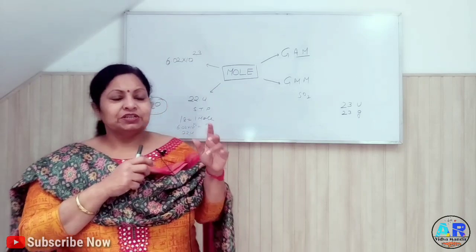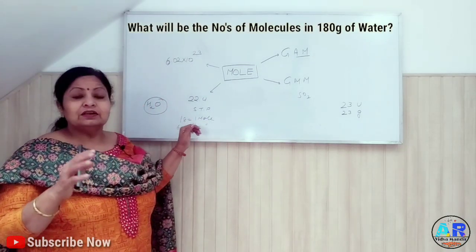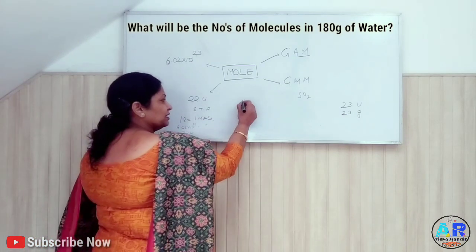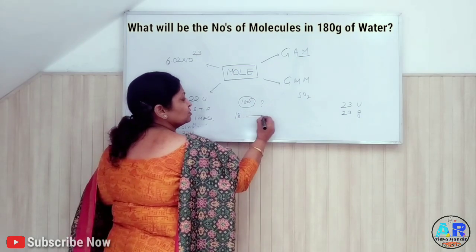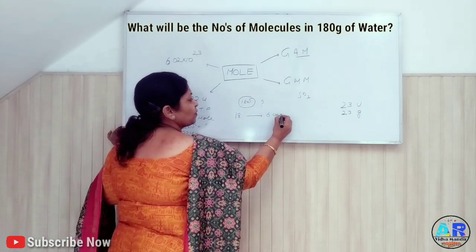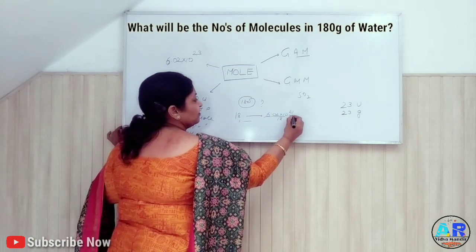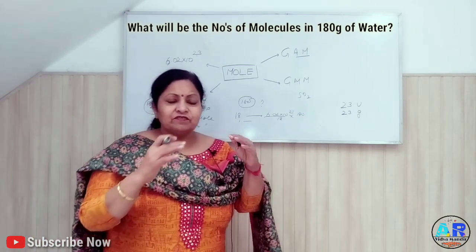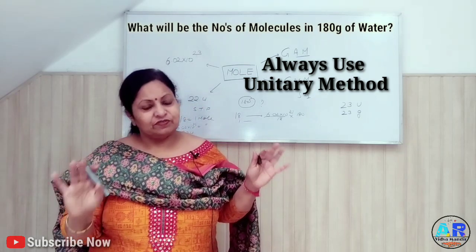For example, the question is, what will be the number of molecules in 180 grams of water? So, 180 grams of water. 18 grams consists of 6.02 into 10 raised to power 23 molecules, and 1 will be 18 and 180 will be 180. Dear students, we can formulate it, but always the unitary method is preferred.